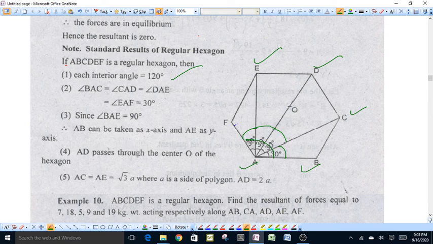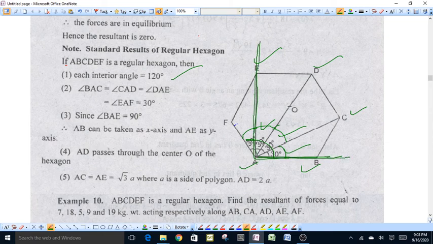Now angle BAE will be equal to 90, because the sum of these three angles, 30 plus 30 plus 30, is equal to 90. This means BA is perpendicular to AE.